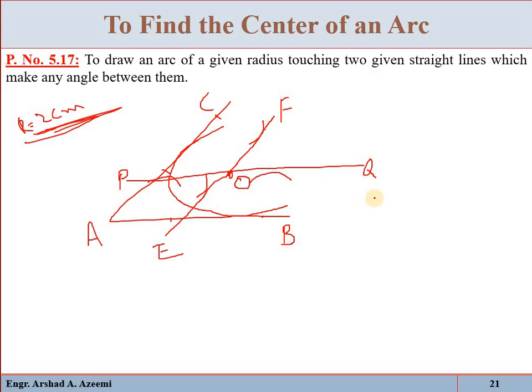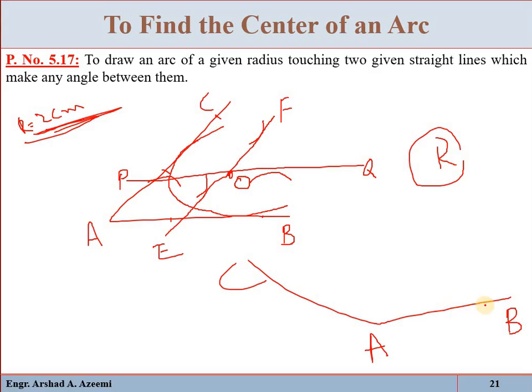Okay, and suppose the angle is greater than 90 degrees. Here we have, suppose, AC and we have AB, these two lines. So here, for example, the requirement is to draw an arc to touch these two lines. Okay, and the radius of the arc will be given. So at distance R, draw a parallel line to AB.